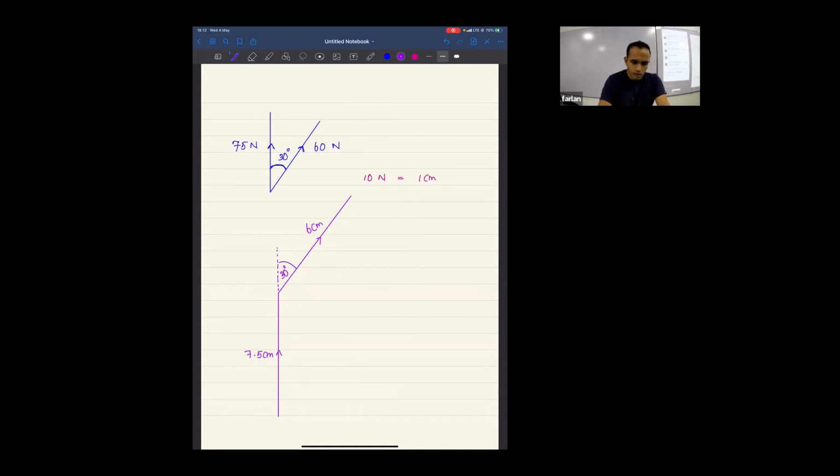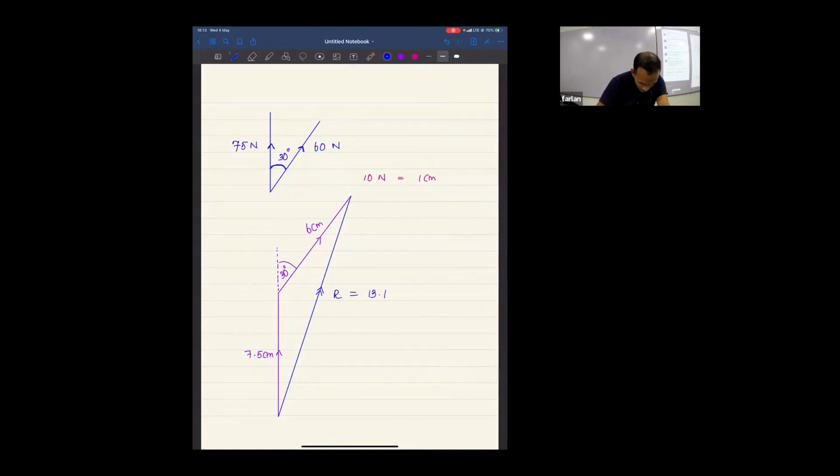So the resultant is going to be from this starting point to this ending point. Wait, don't disturb me. So this is going to be the resultant. How many centimeters is that? 13 point?